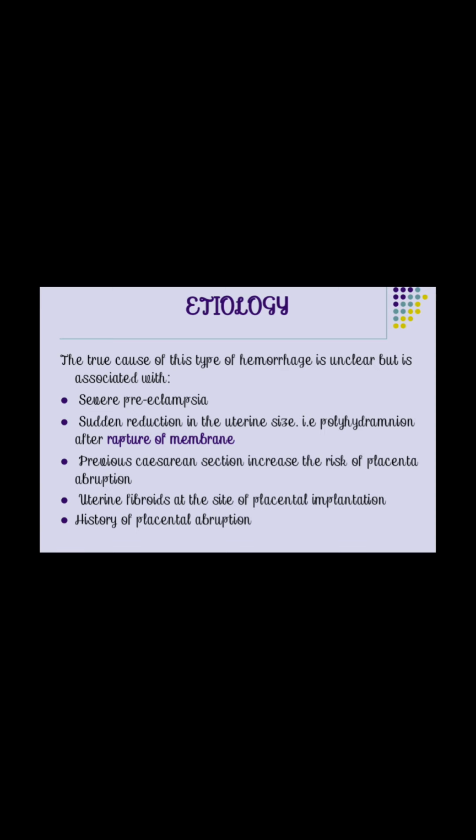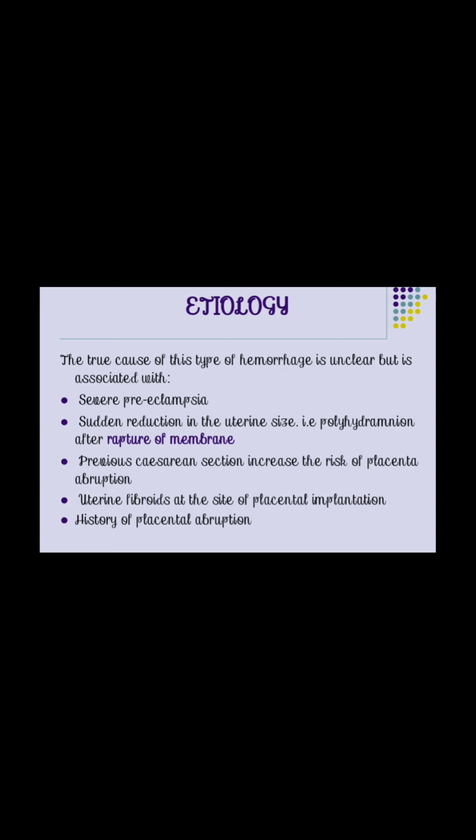Kikawaida tu hata kwamba sehemu fulani kuna bonge, hata kitu hakiwezi kukaa vizuri, hiyo pia inazaniwa. But also uterine fibroids at the site of placenta implantation, kwamba kwenye site of placenta implantation kuna uterine fibroids, na placenta inajiplant pale pale kwenye fibroid au kwenye myoma.